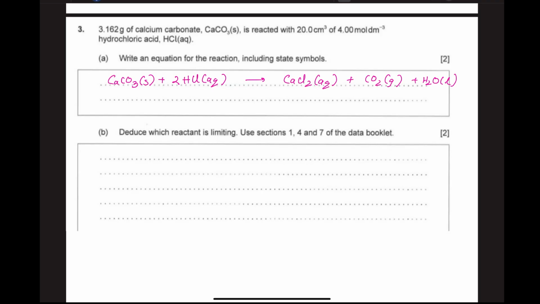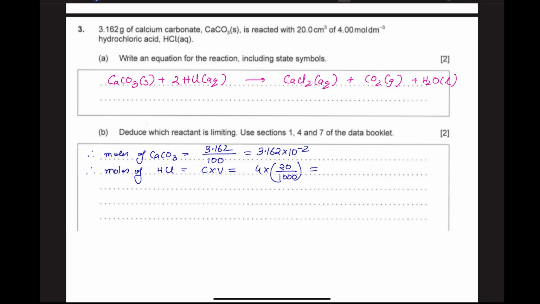Now we have to deduce which reactant is limiting. So I just have to find the moles first. Moles of CaCO3 will be 3.162 divided by the molar mass of calcium carbonate, which is 100, so it's 3.162 x 10^-2. Next, moles of HCl. This will be concentration times volume. 4 times 20 divided by 1000, converting it to dm3, so it's 80 divided by 1000, so 8 x 10^-2.